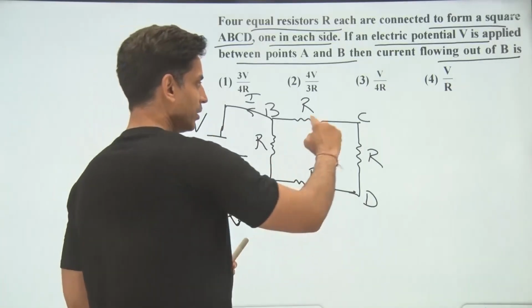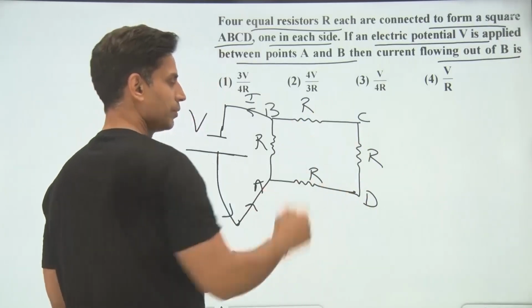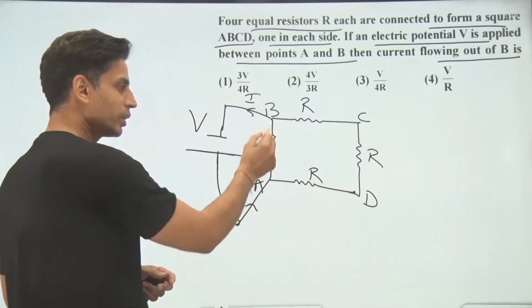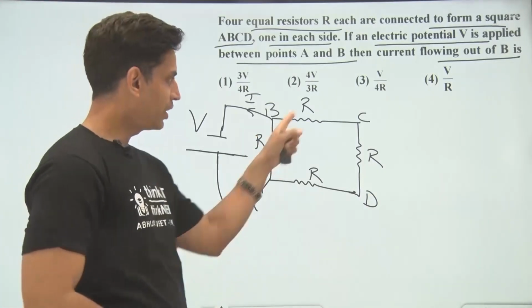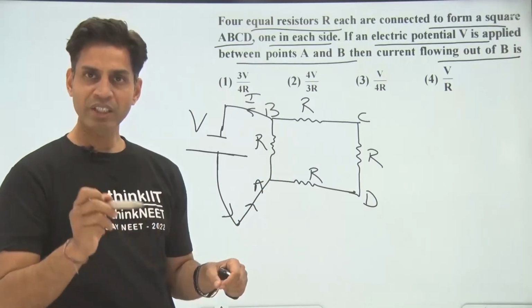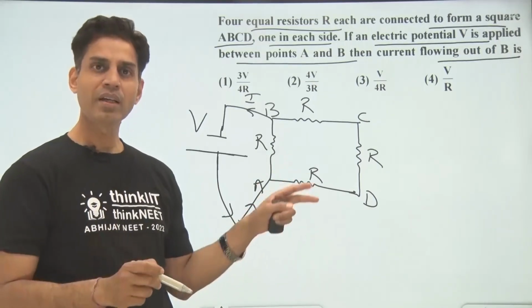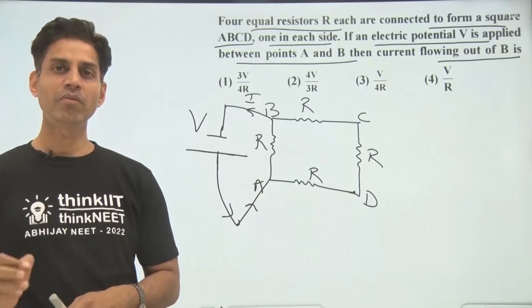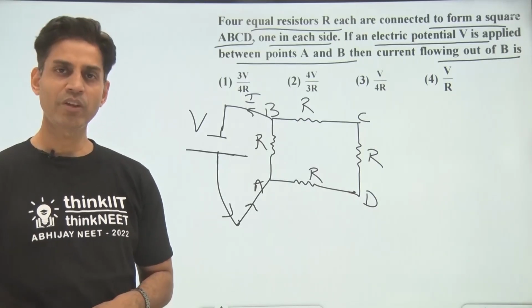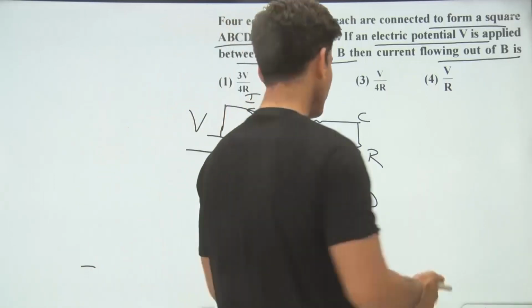Now it is clear that these 3 resistors are in series and their equivalent is in parallel with this R. By doing this we can calculate the equivalent resistance of the circuit. Once we get the equivalent resistance, just use Ohm's law, V equal to IR, and we'll get the value of the current. This is how we'll proceed with the question.